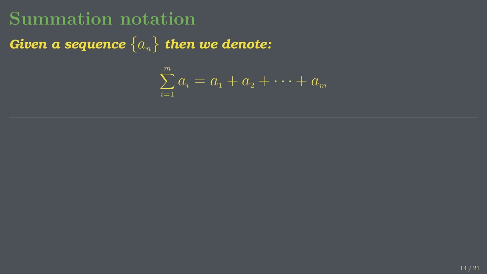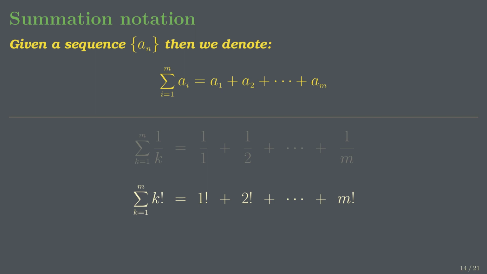For example, the summation of 1 over k, for k running from 1 to m, is 1 over 1 plus 1 over 2 plus etc. plus 1 over m. Similarly, the summation of k factorial, where k runs from 1 to m, is 1 factorial plus 2 factorial plus etc.